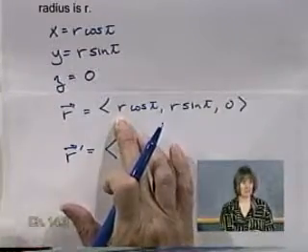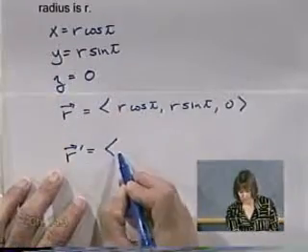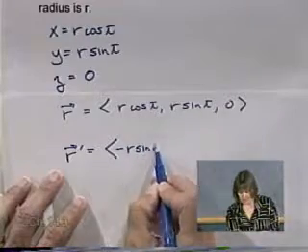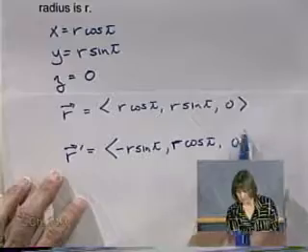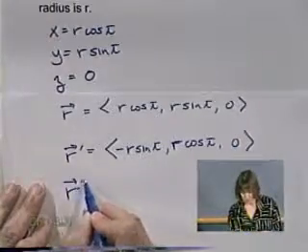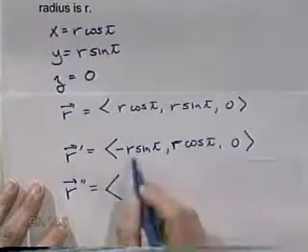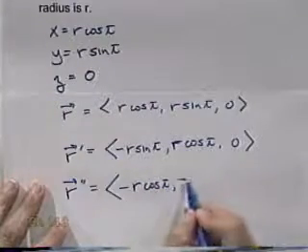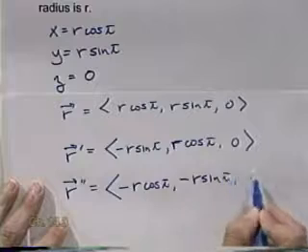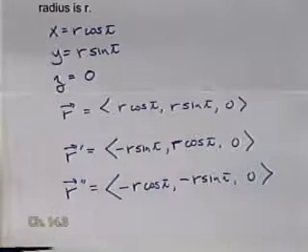R could be 2 or 5 or 6 or 12. If I take the derivative of that, I just get minus r sine t, r cosine t, comma 0. And r double prime, the derivative of that, is minus r cosine t, minus r sine t, 0.